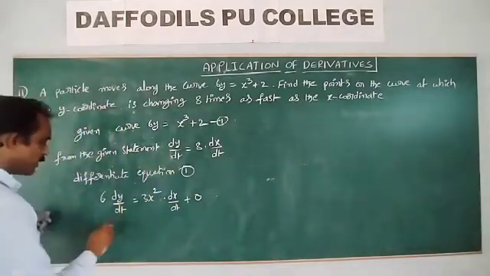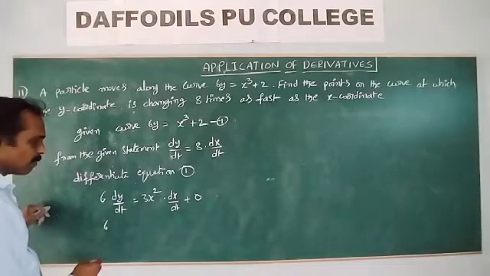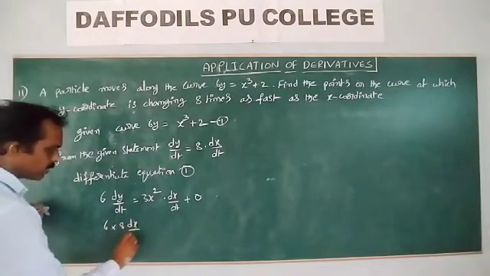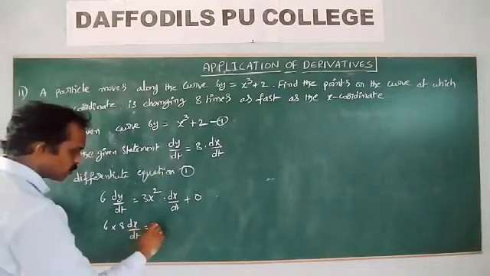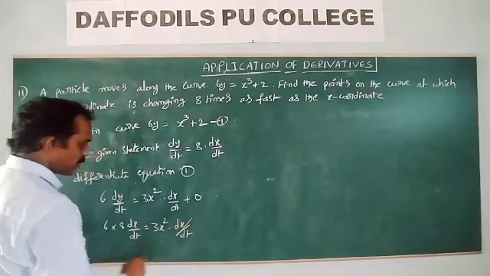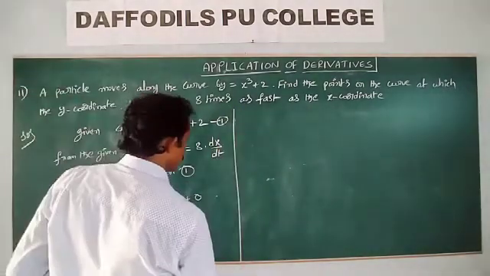So in place of dy by dt, replace 8 dx by dt. Therefore 6 into 8 into dx by dt is equal to 3x square into dx by dt. Cancel.